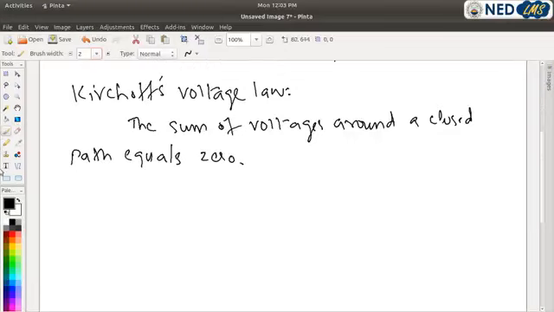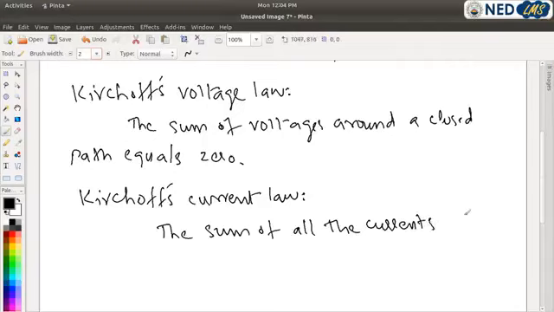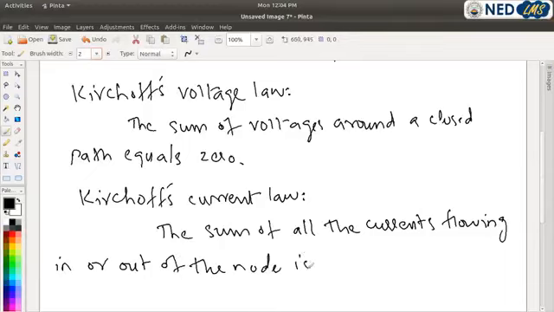And Kirchhoff's current law states that the sum of all the currents flowing in or out of the node is zero.